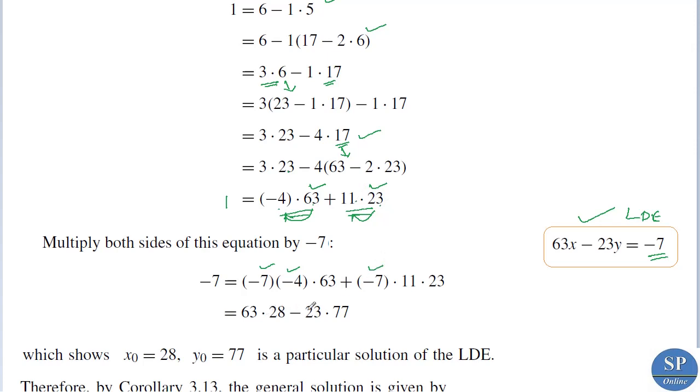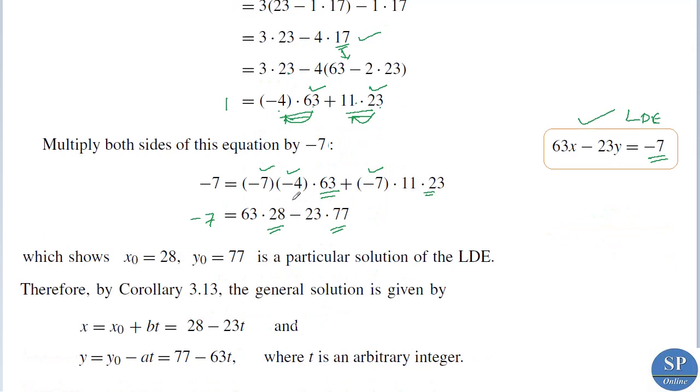This is 63 into 28, then 23 into minus 77. So minus 7 is equal to 63 into 28 minus 23 into 77. So we can take x as 28 and y as 77. So a particular solution is x naught equal to 28 and y naught equal to 77.